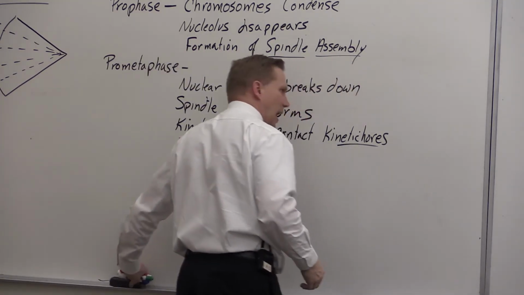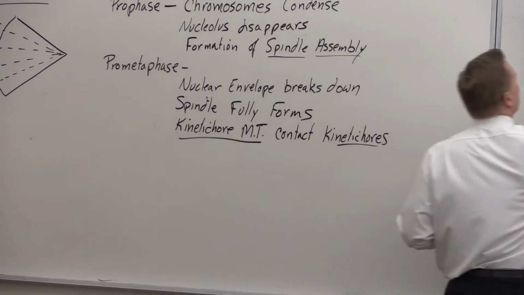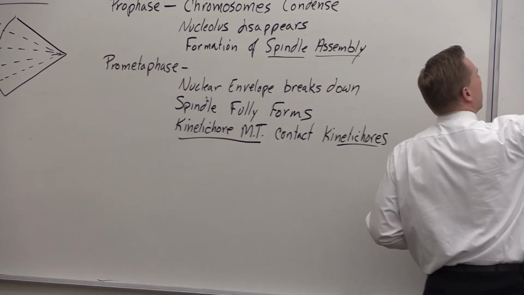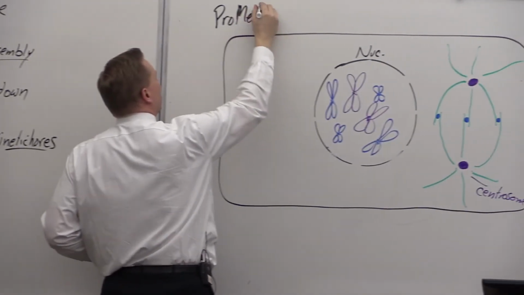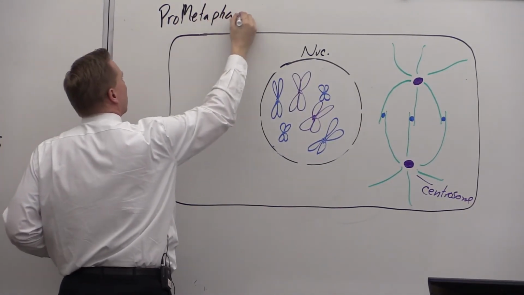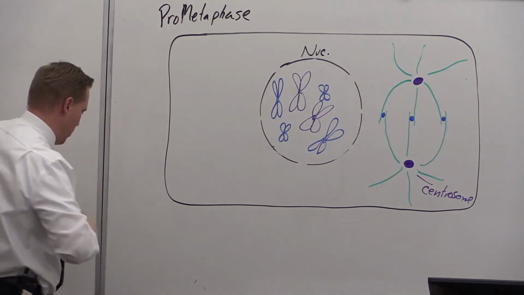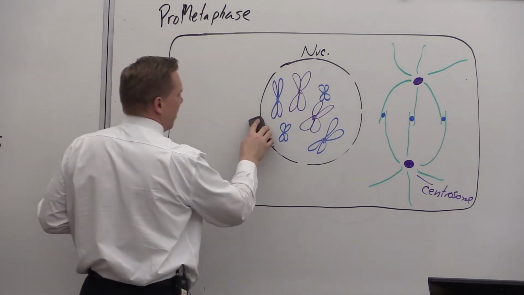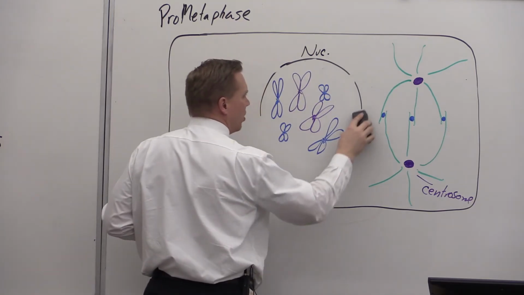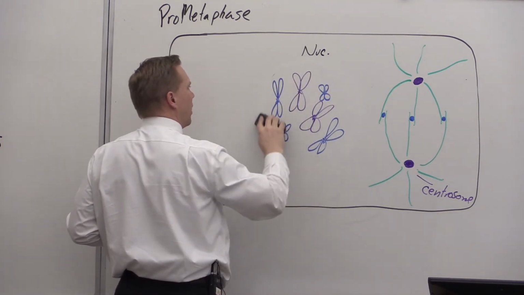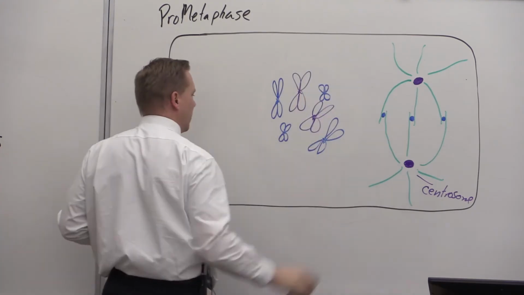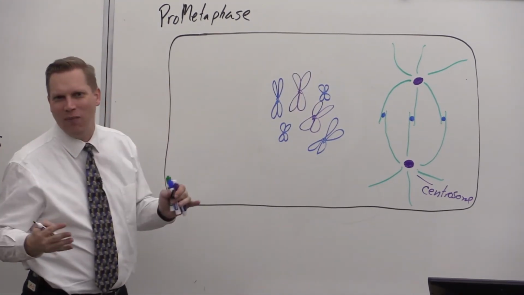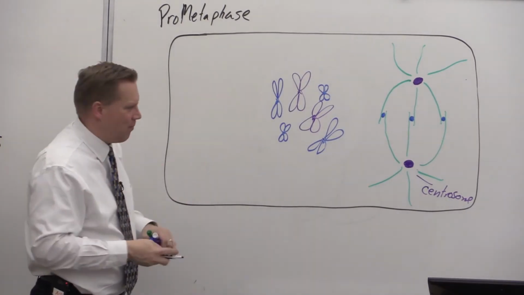So let's update our illustration to no longer be prophase, but now we're going to draw prometaphase and see what happens. One of the first things that happens in prometaphase is the complete dissolution of the nuclear envelope. So we're going to completely erase that. You might ask, what's really happening in the cell?